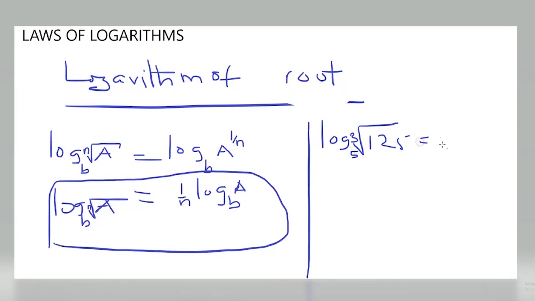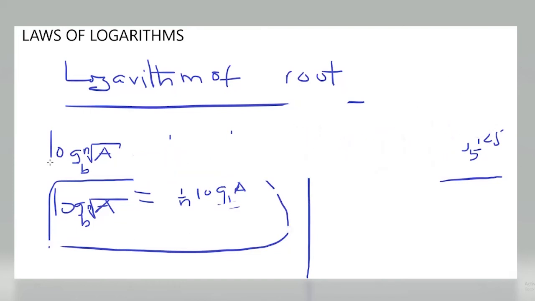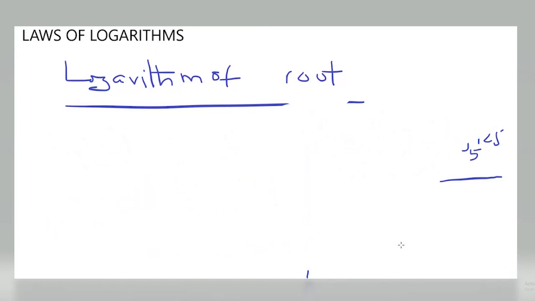Find the value of this. This can be expressed as 1 over 3 times logarithm of 125 to base 5. That is the general expression of that. Now assume you are given this question and told to find the value. This is example number 1.